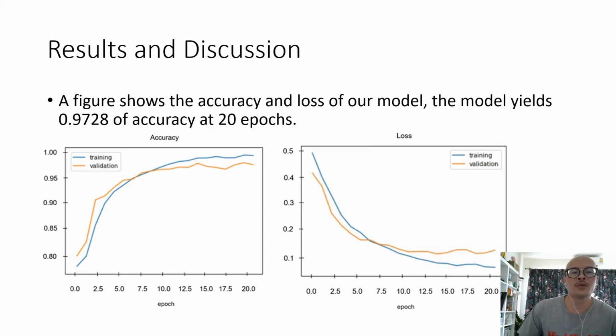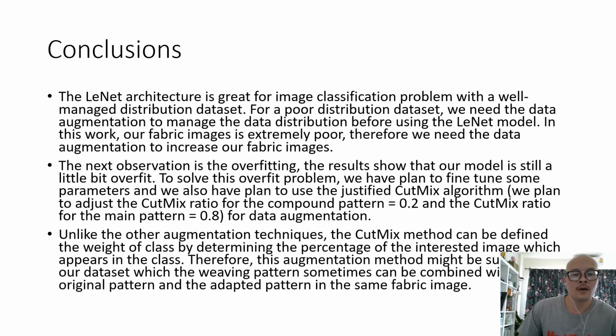This slide also shows the accuracy and loss of our model. Our model yields 0.97 accuracy at 20 epochs. We can conclude that the learned architecture is good for the image classification problem.